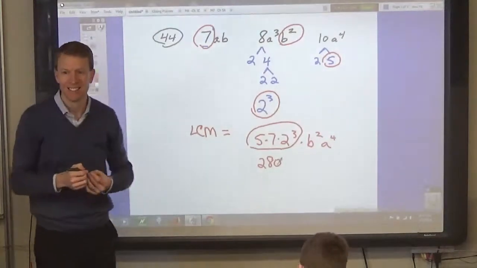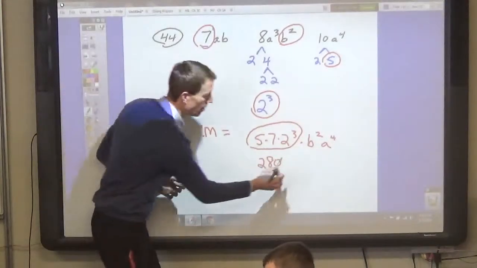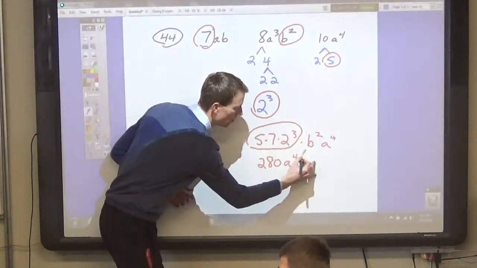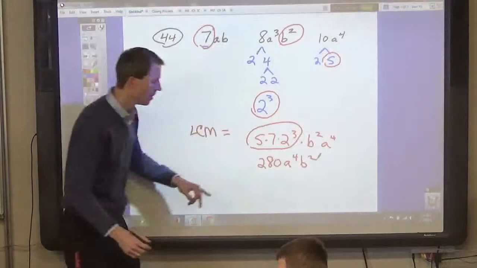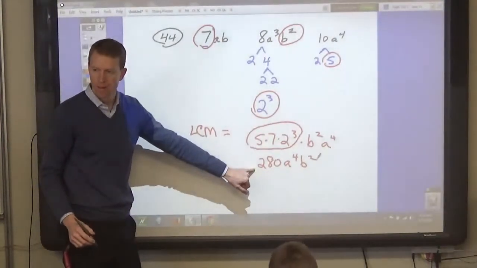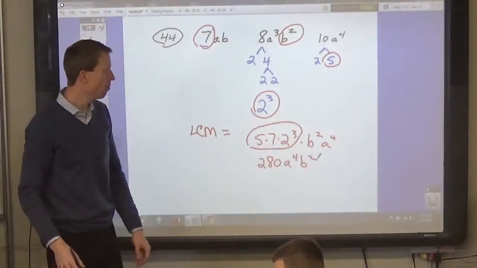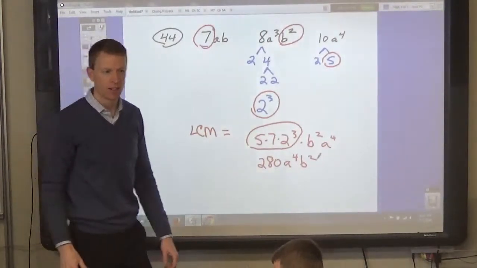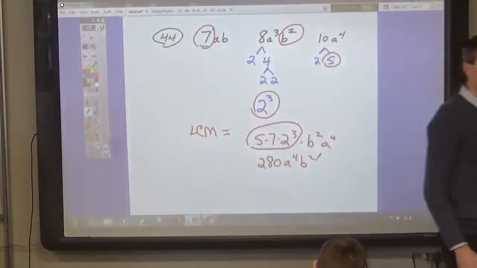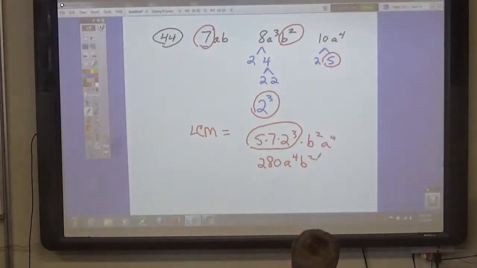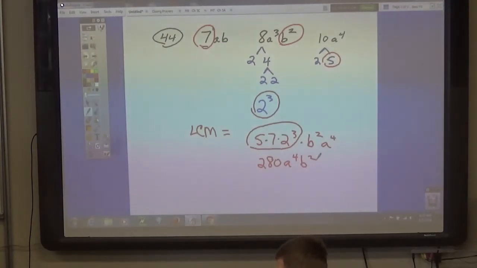Alphabetical. Good. This is the answer. 280, A to the 4th, B to the 2nd. That's the greatest power of each of the prime factors, okay? Any questions?